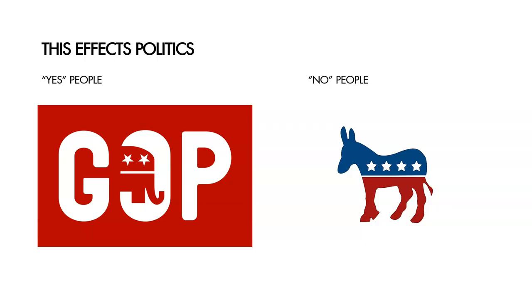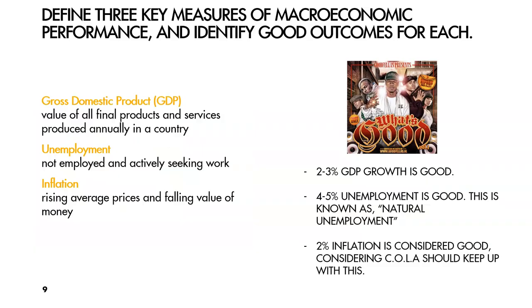Let the market correct itself. We don't want to have stimulus checks. We don't want to have bailouts. We want to let the economy kind of do its own thing, where the no people feel the government should take a more active role in the economy. I'll let you make your own choice. And even though it's not 100%, disproportionately yes people are Republicans and disproportionately no people are Democrats.